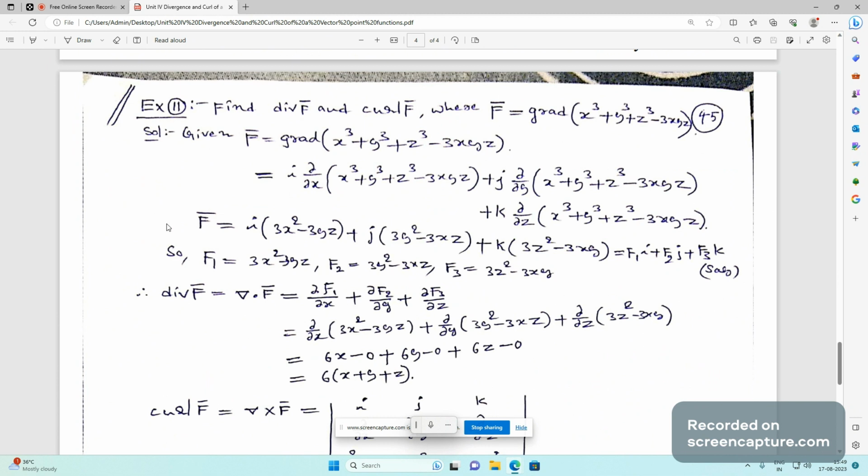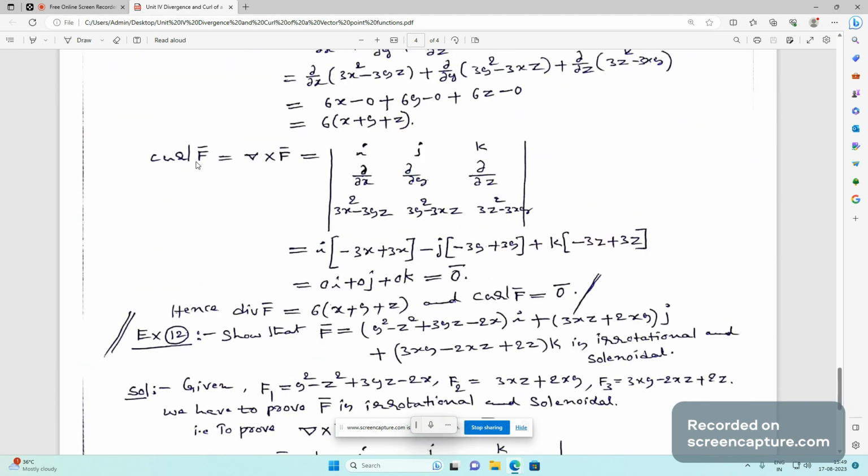So we'll get A bar equals i into 3x square minus 3yz plus j into 3y square minus 3xz plus k into 3z square minus 3xy. So that equals f1 i plus f2 j plus f3 k. Therefore, write the f1, f2, f3 values, and then calculating divergence of f bar equals del dot f bar equals dou f1 by dou x plus dou f2 by dou y plus dou f3 by dou z. That equals 6 times x plus y plus z.